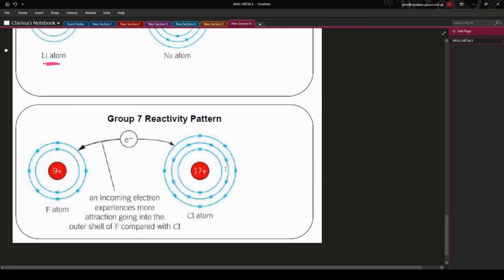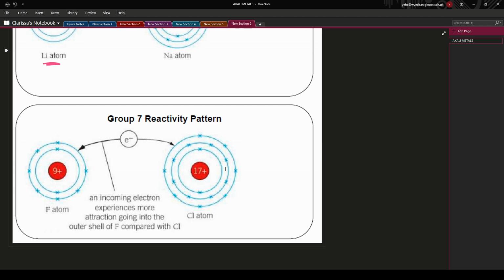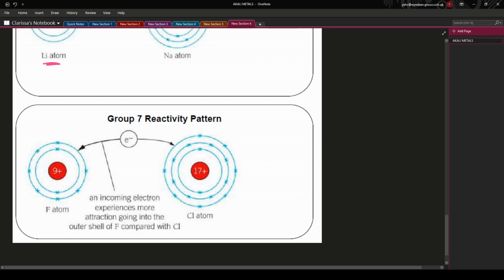The opposite is true for group 7. It's wanting to gain that extra electron, remember, to make a full outer shell. When it's larger, the electron is not experiencing as great an attractive force because of the electron shielding. We have two shells here shielding the attractive force, and also it being further away, it's going to experience less of a tug to the chlorine.